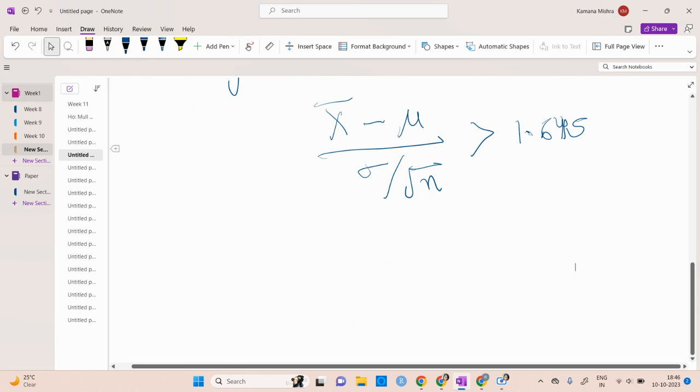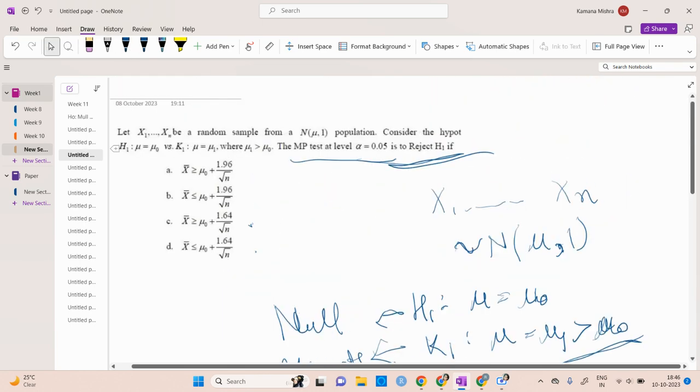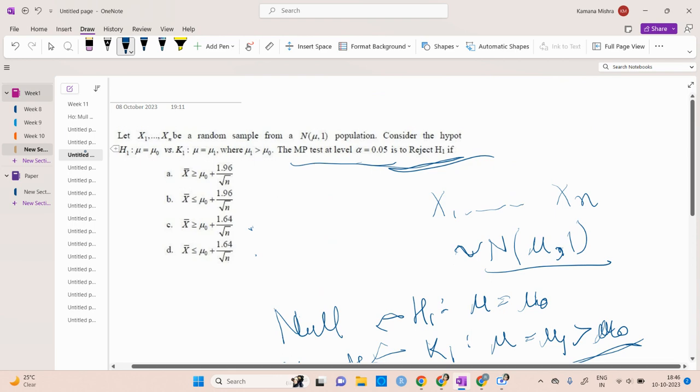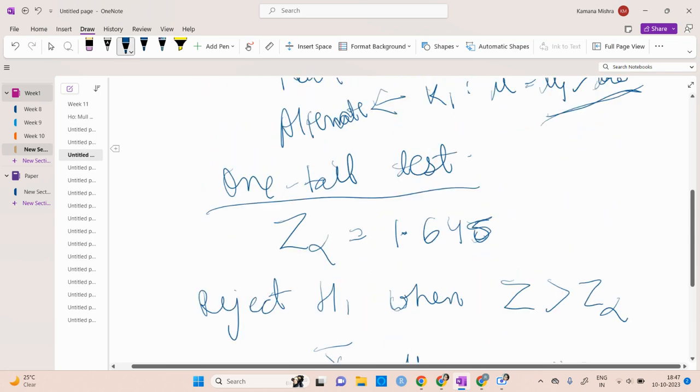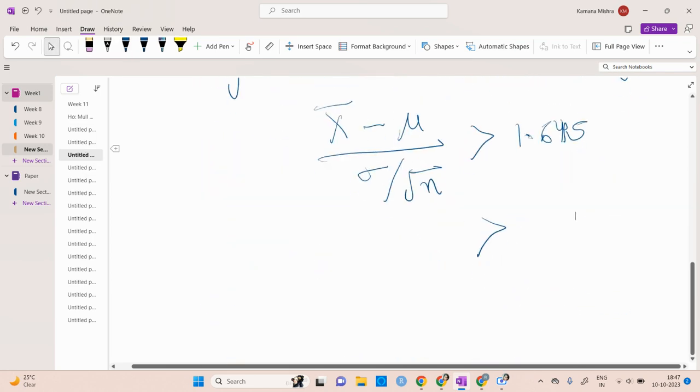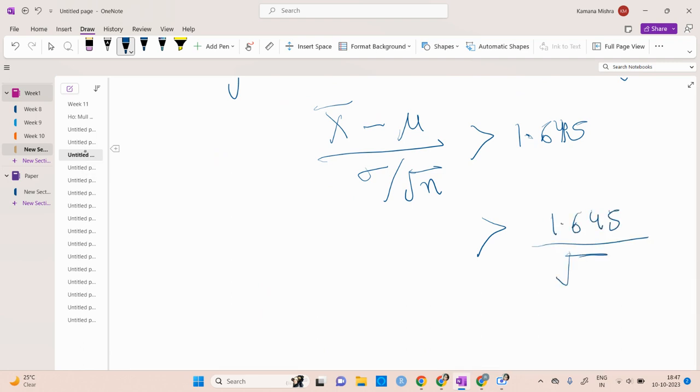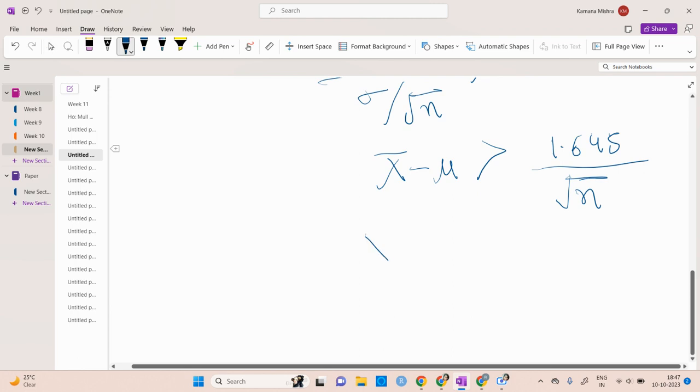Now sigma is coming from N(mu, 1). So sigma is 1, right? So root n will go here. Sorry, root n will be above here. So it will be 1.645 divided by root n, x bar minus mu, and then divided by 1 you can take.